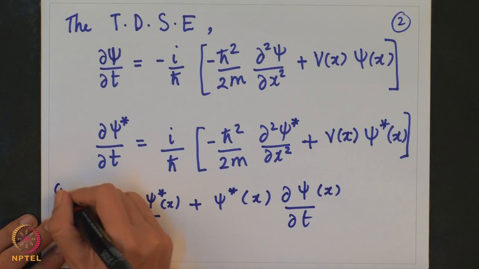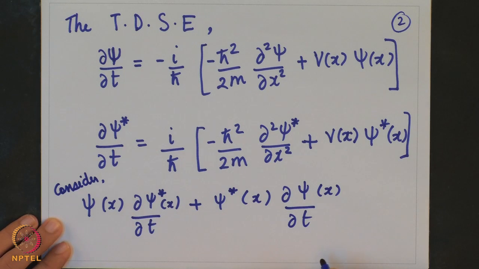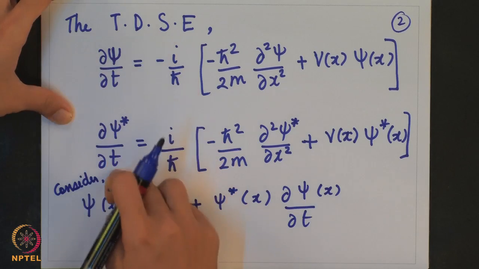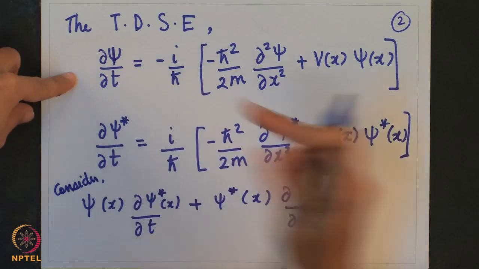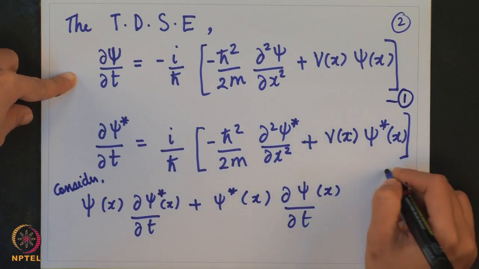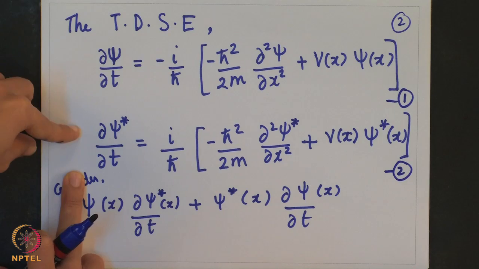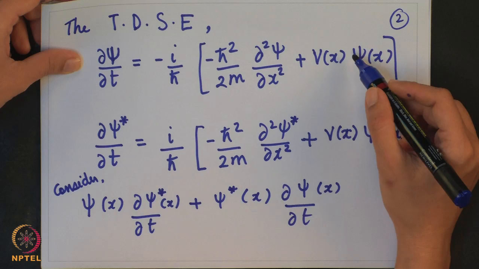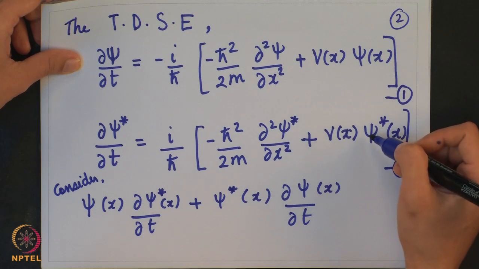So, when you multiply the first equation by psi star and the second equation by psi, the psi and psi star terms for the potential will get cancelled.